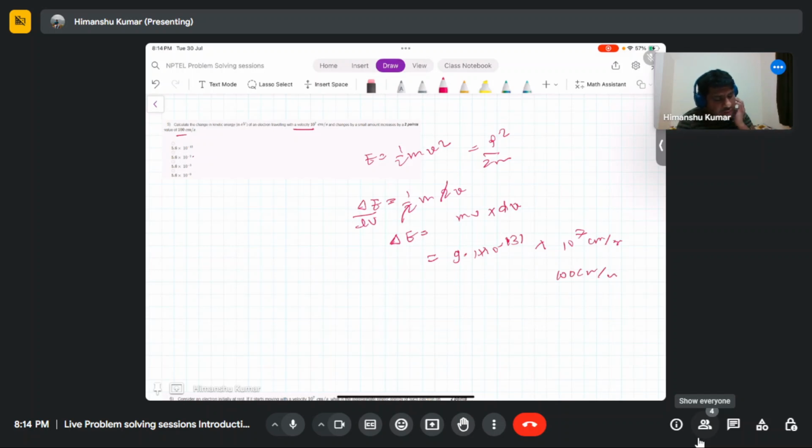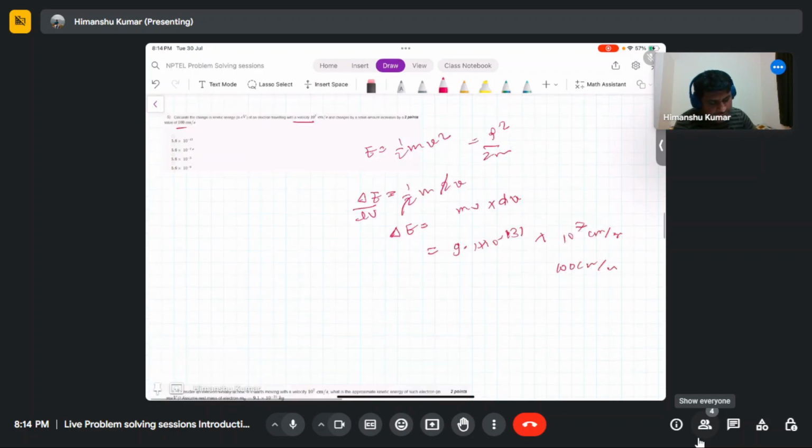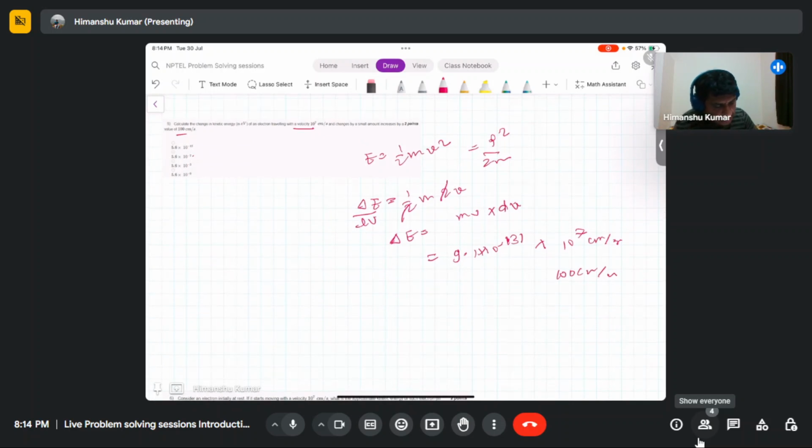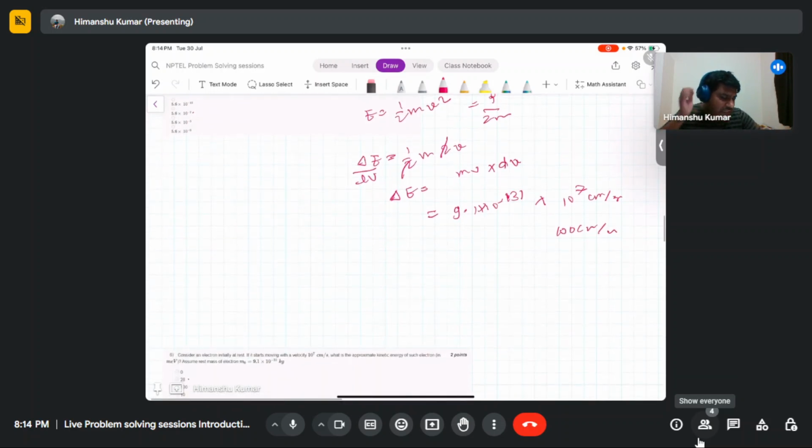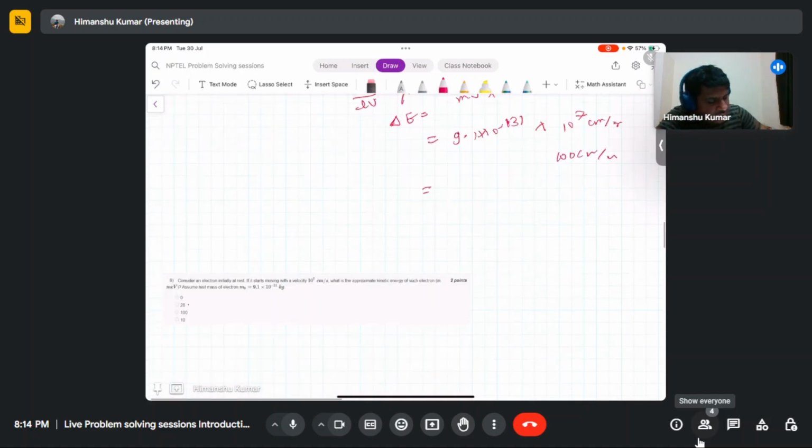Considering SI units, 9.1 times 10 to the power minus 31, with the velocity 10 to the power 5 meters per second and delta v 1 meter per second, then divide by 1.6 times 10 to the power minus 19 to get electron volts.